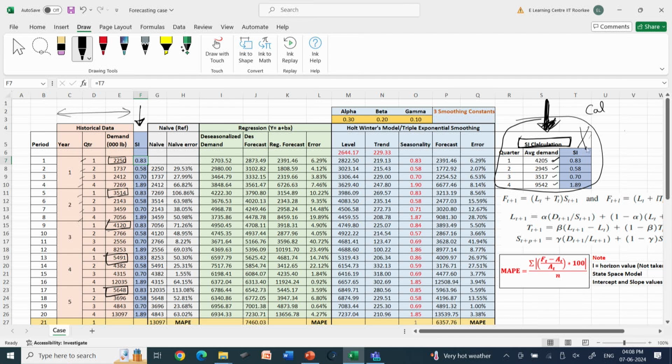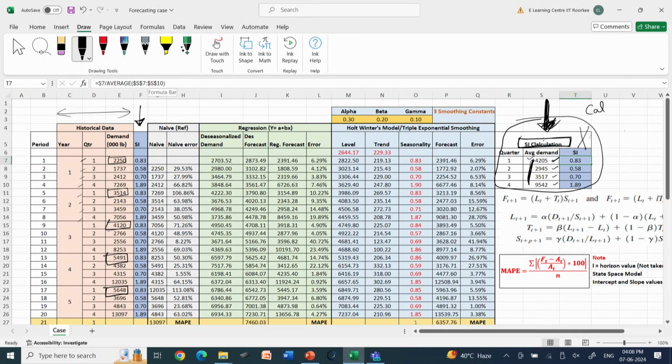If you see the value in T7, 0.83, this is S7, this value divided by S7 to S10, that is, the average of these 4.